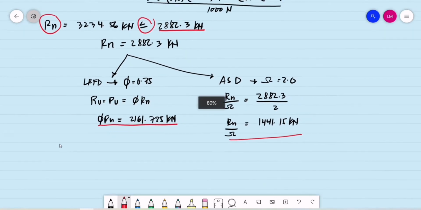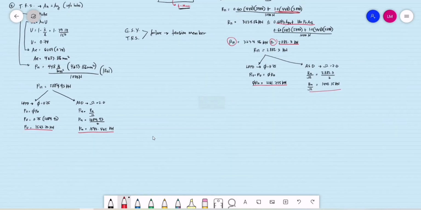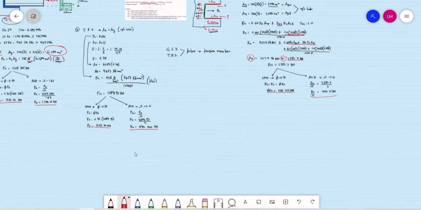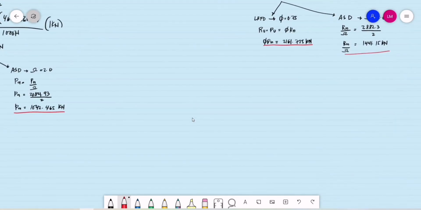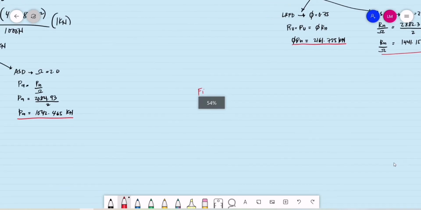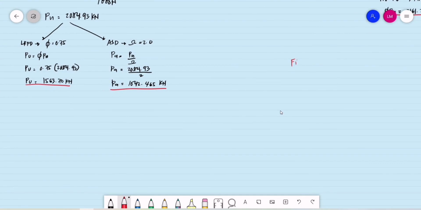So if we are now to go with our conclusion, what is the least value? The least value among the three analyses will be our design values. Then if we are to compare, this is our final answer. Comparing the three analyses, our design values will be for Pu, that is equal to 1,563.70 kilonewtons.